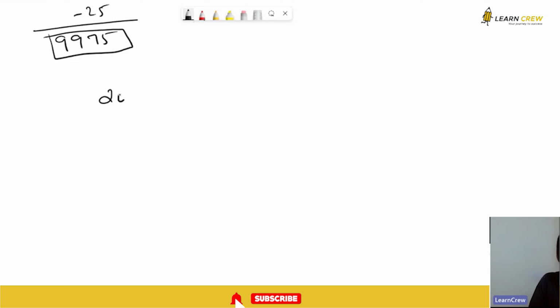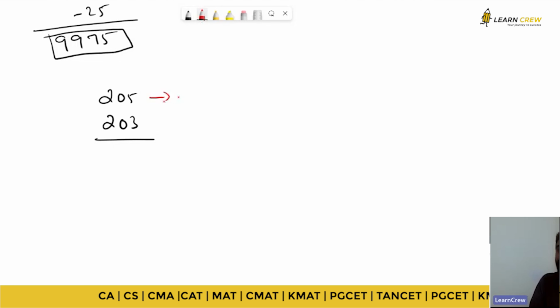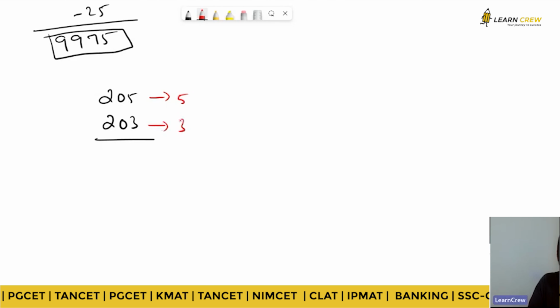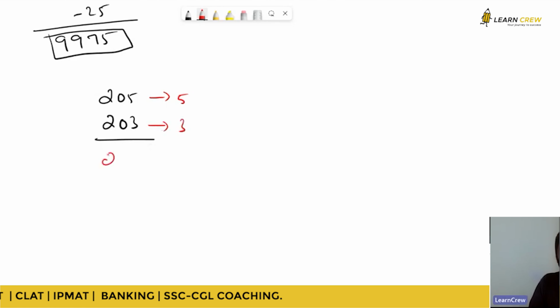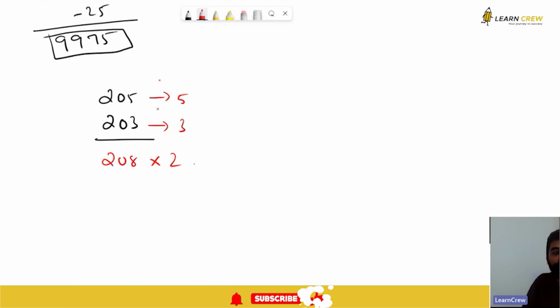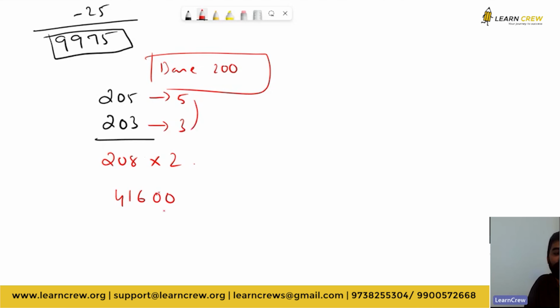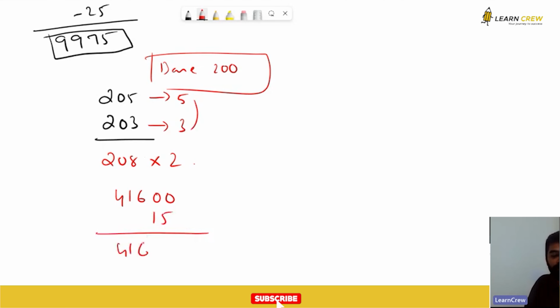So now 205 into 203. Here the method remains the same. How much is it more than 200? 5. This one? 3. And this becomes 208. But directly do not add zeros here. Multiply this by 2 because the base is 200 here. Multiply by 2. This becomes 416. Add 2 zeros, then 5 into 3, 15. 41615.